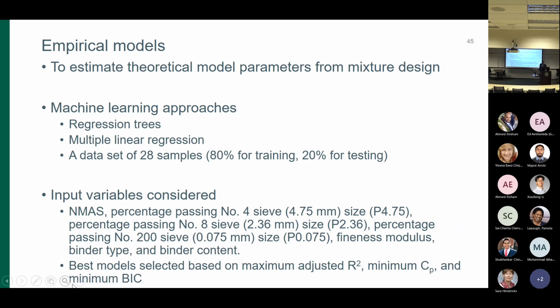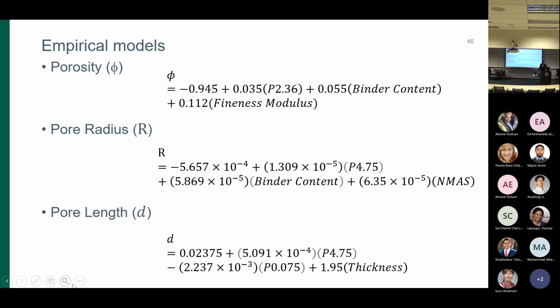The input variables from the mixture design perspective are the nominal maximum aggregate size, the aggregate gradation in terms of percent passing different sieve sizes, the fineness modulus, and the binder type and binder content. The best models were selected based on the maximum R square, minimum Cp, and the minimum BIC criterion. And here are the models that we eventually came up with.